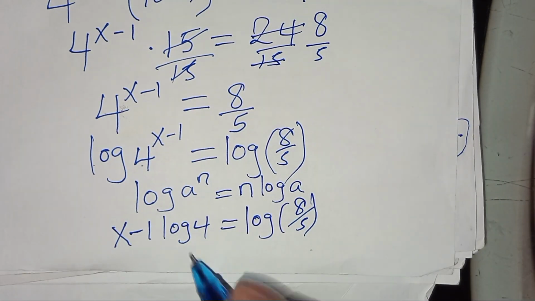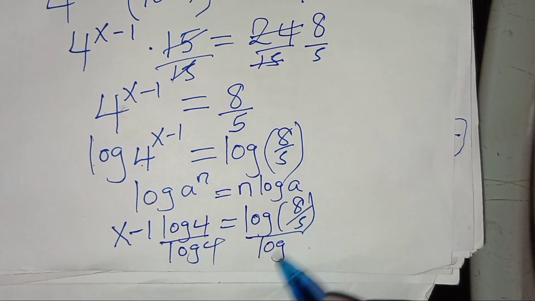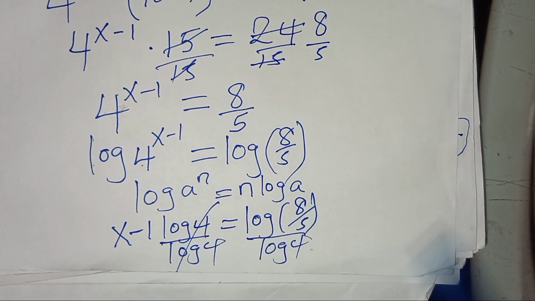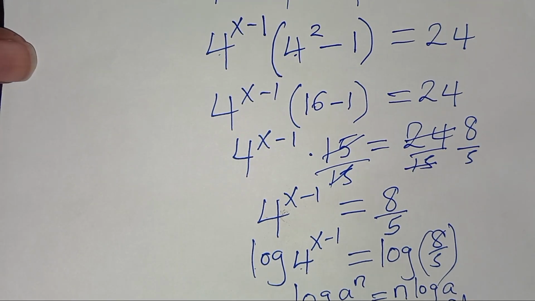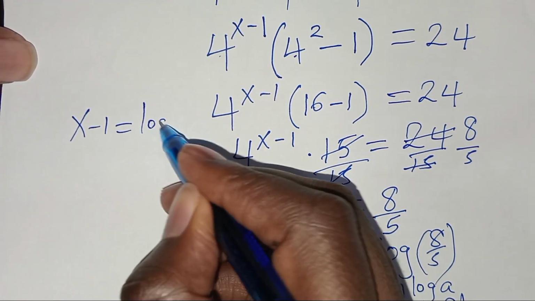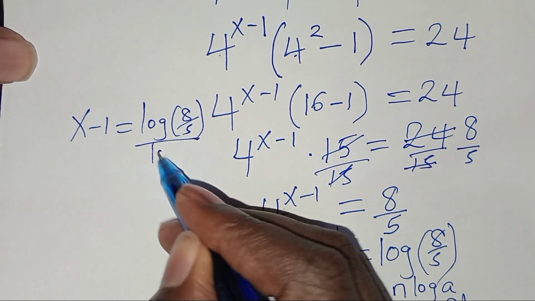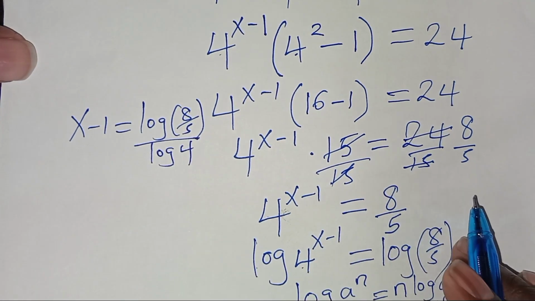So that we divide both sides by log 4. Let's proceed here. We have x subtract 1 equal to log 8 divided by 5, divided by log 4.